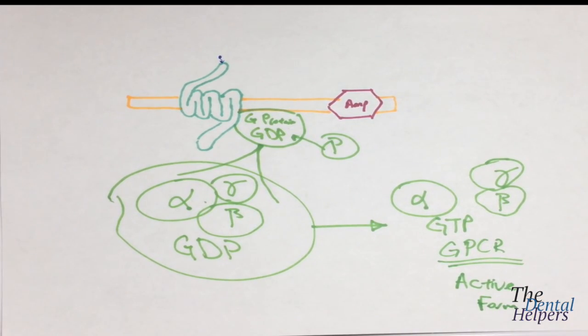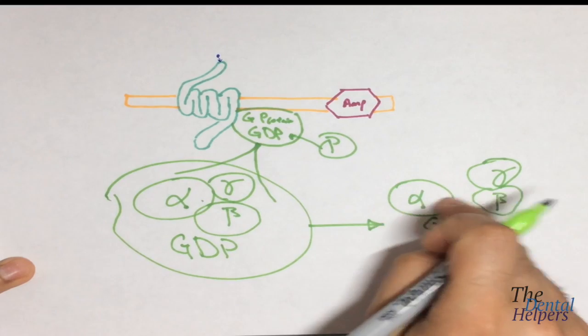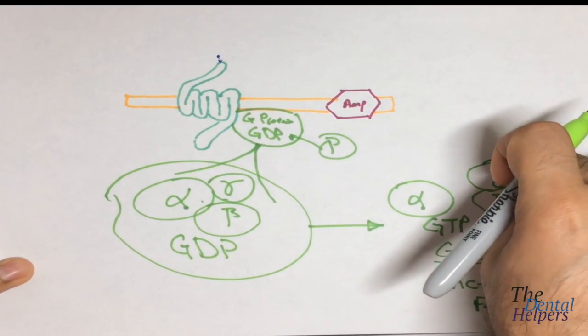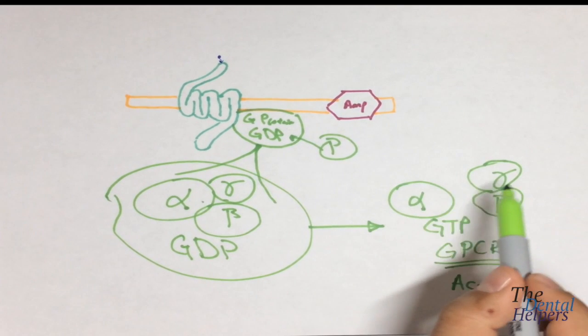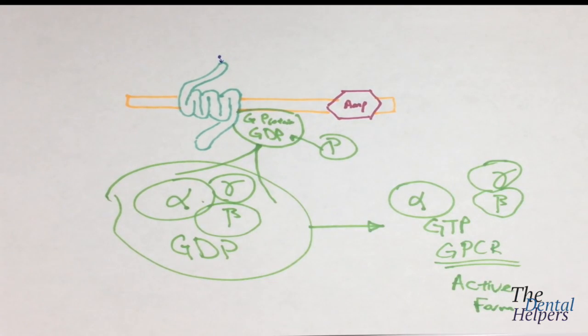And from here, these two subunits and the alpha GTP bound are going to interact with the amplifier protein. They're going to interact with effector proteins and have multiple different functions. In the next couple of videos, we're going to go over what these functions are and break down what the different subunits do, because in our alpha group, we actually have more than one alpha subunit.